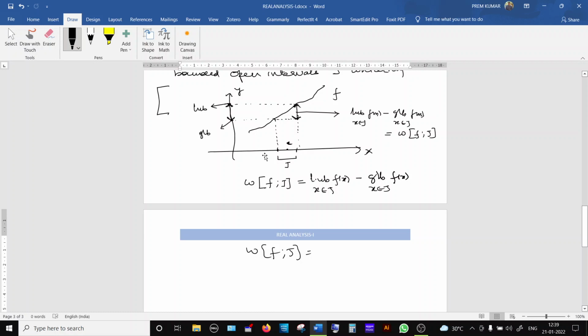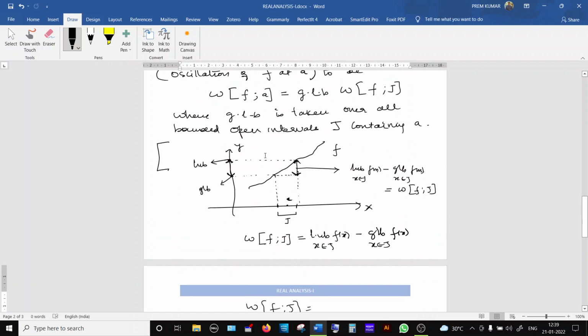So this is how we can understand the meaning of oscillation. If there is more oscillation, then we say the function is not continuous. That's what we are going to prove now.